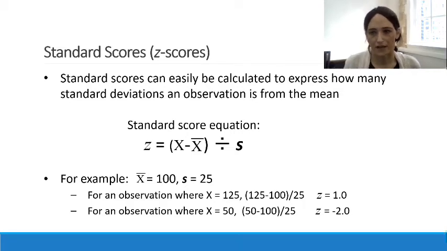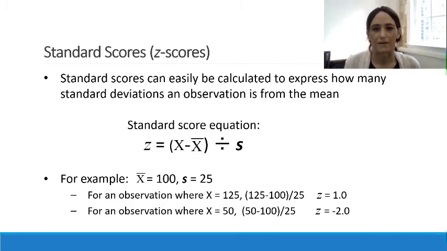So for example, if we had a mean calculated as 100 and standard deviation of 25, if we had an observation where the value of x was 125, okay, it's 25 points above 100, so 125 minus 100 would be 25. Divide that by 25, which is our standard deviation, we get a z-score of 1.